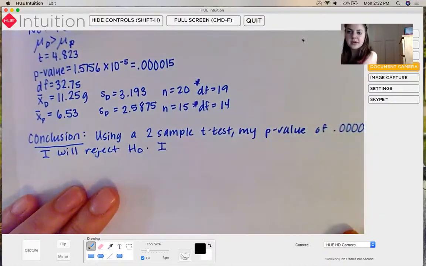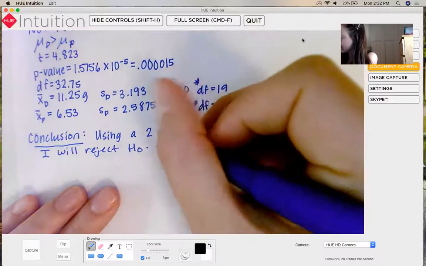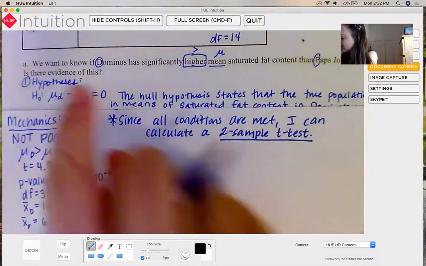Okay, now remember, if you are rejecting the null hypothesis, then that means you have evidence. So let's answer the question, is there evidence of this?